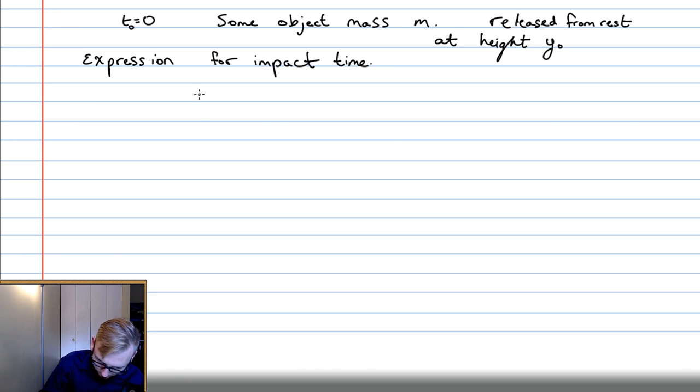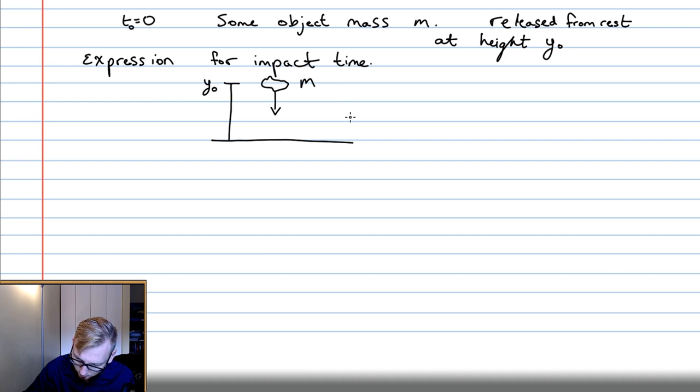So just like our initial one, we've got some height y0 and mass m, and it's falling with a gravitational acceleration of g.